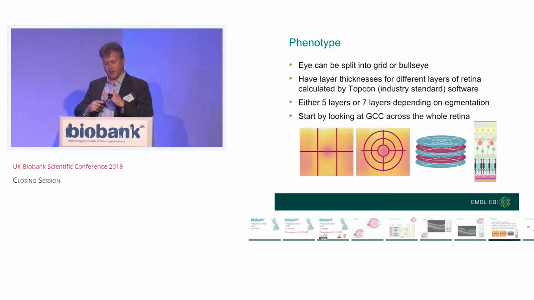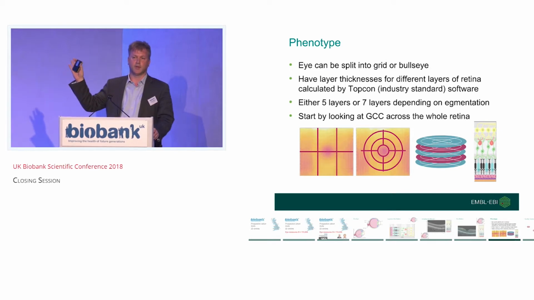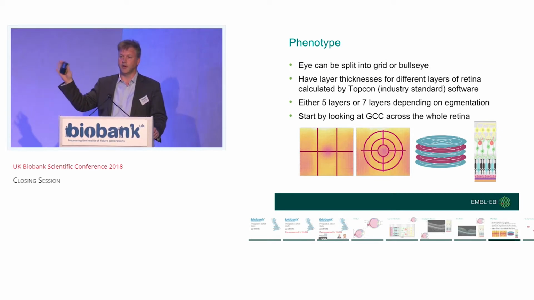Eyes also don't only have a thickness in a Z dimension, they also have a space. The OCT scan is centered on that place of highest vision. And there are a couple of standard ways of splitting up the eye, and the way that we are tending to use it is this right-hand bullseye scheme, which splits the eye into 9 different sections looking straight on.